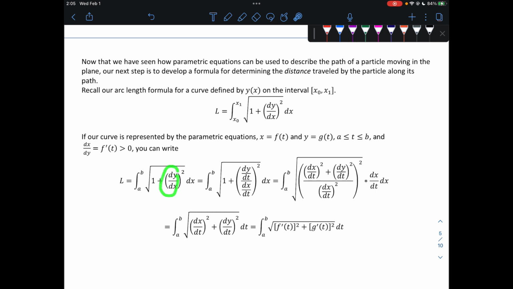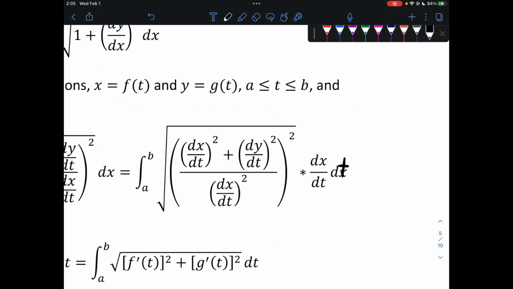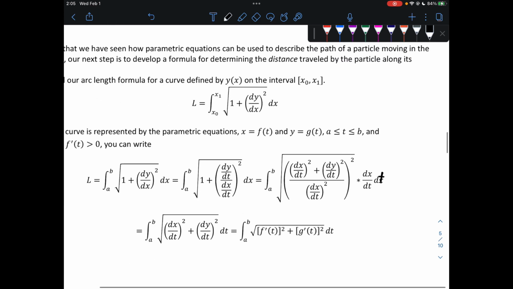So dy/dx, we can put that as dy/dt over dx/dt. Get a common denominator, all while changing this to dt. Oops, that's a typo there, this should be dt. I'll make sure to fix that for you.